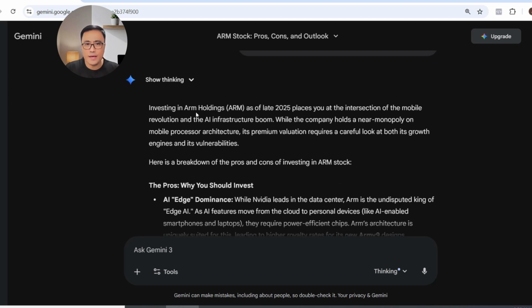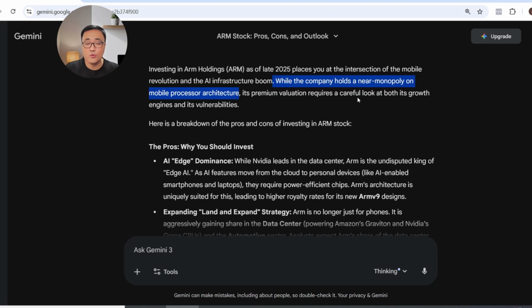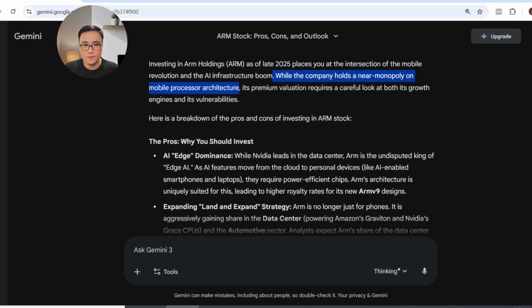Investing in ARM, they hold a near monopoly on mobile processor architecture, which is a very good, solid reason why this company is a great stock to invest in. And then here are the pros.